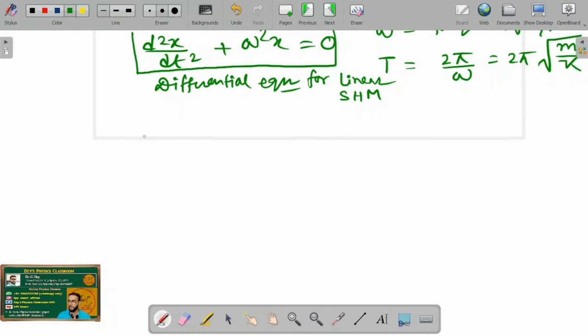Now we have to solve the differential equation.